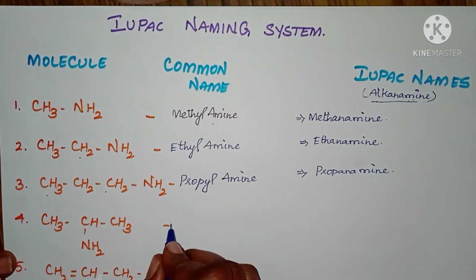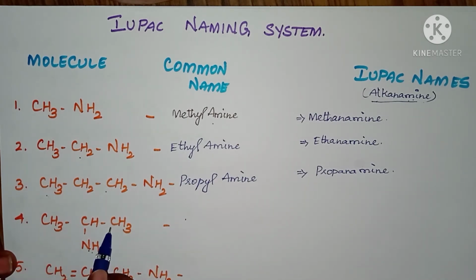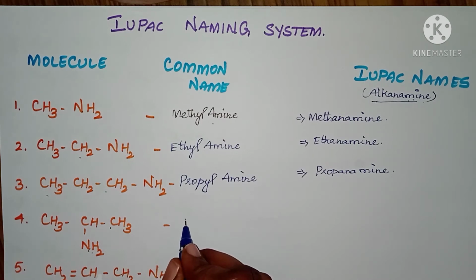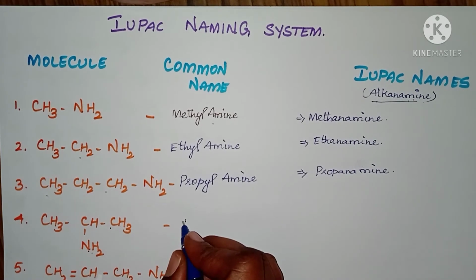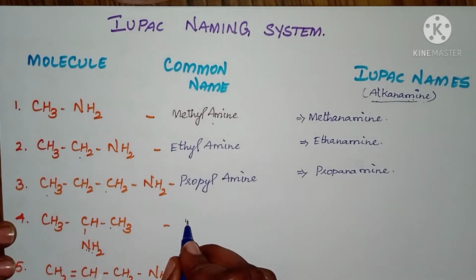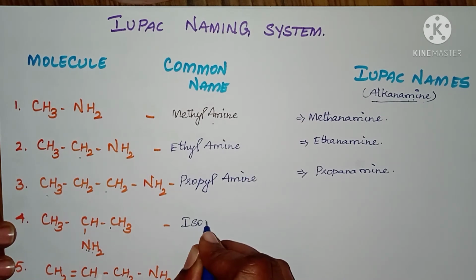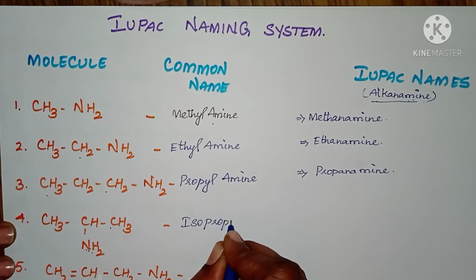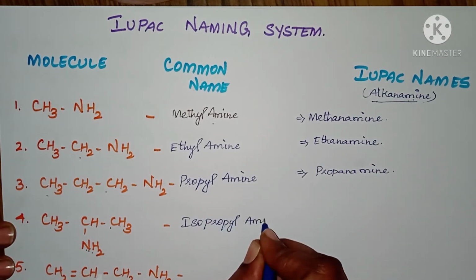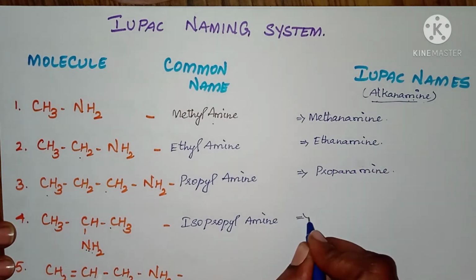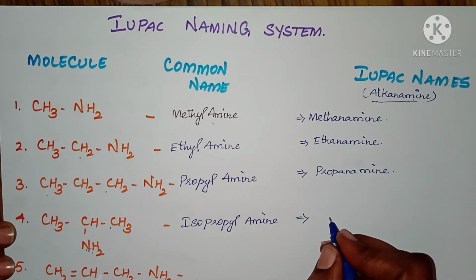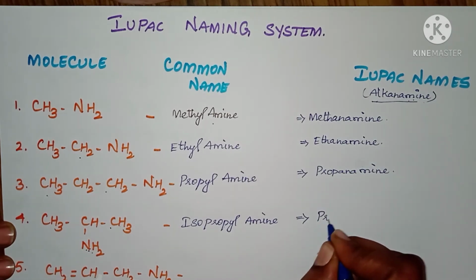Okay, next one. When it comes as branched, how will you write it? Here 3 carbons are available, so naturally it is propyl. When it comes to branching, we say isopropylamine. But for the IUPAC name, it is propane.